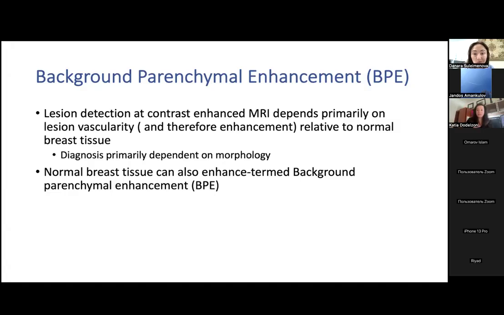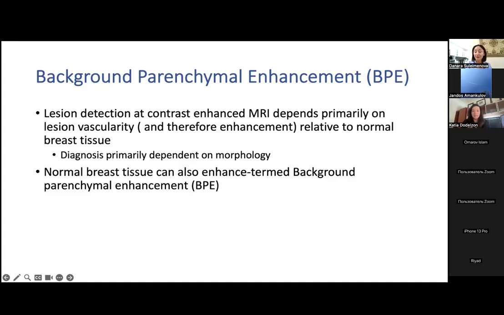So that's fibroglandular tissue. What MRI has that other modalities do not is background parenchymal enhancement. And so what does that mean? As we talked about, lesion detection at contrast enhanced MR depends primarily on its vascularity and therefore enhancement, or T1 brightness, relative to normal breast tissue.